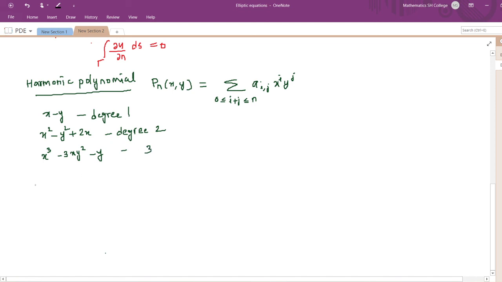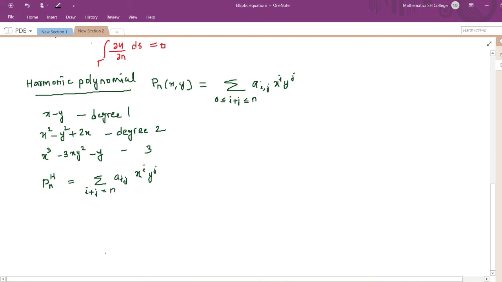Now we consider another subclass Vn of the harmonic polynomials, a subfamily of the above class, of the form summation a_ij x^i y^j where i+j = n.